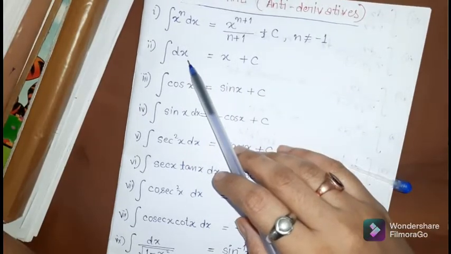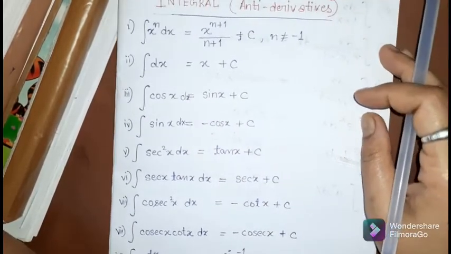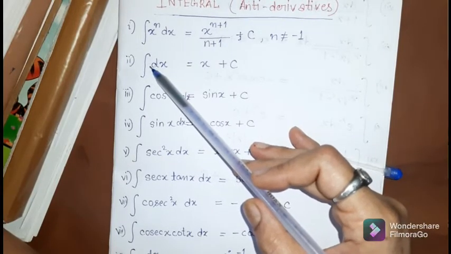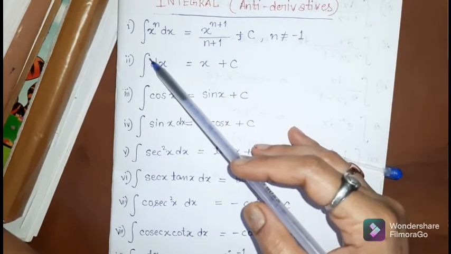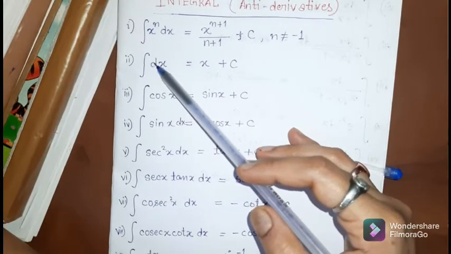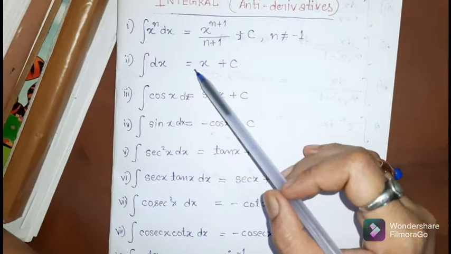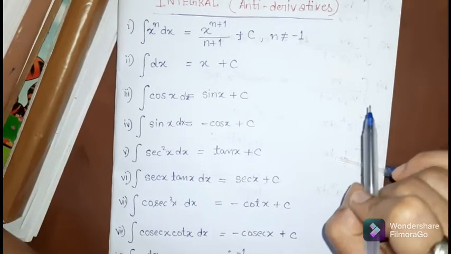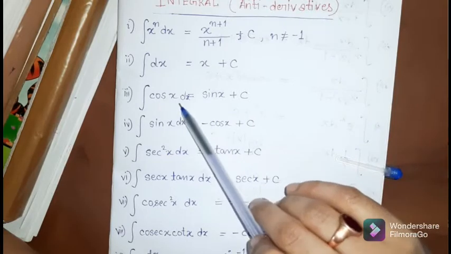Now, integration of dx: if you have any constant a, b, c, whatever, then the integration of dx is x. Keep in mind the integration of dx is always x.